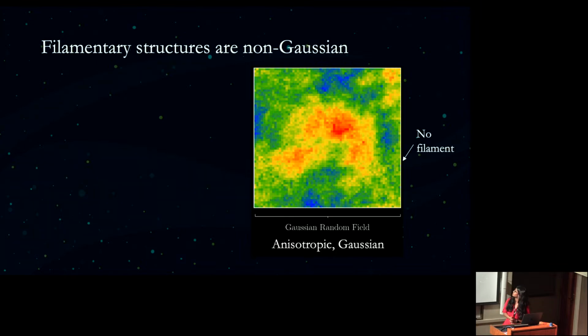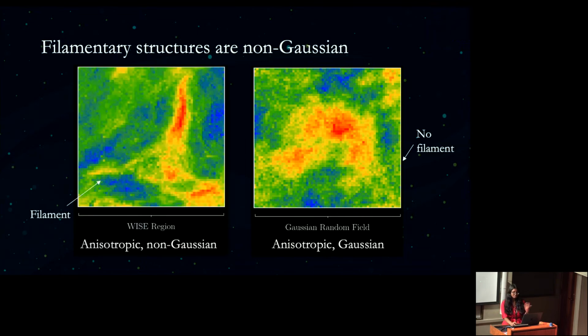This leaves you with fields that look something like what's on the right. But you can clearly see that there's not a presence of a filament here at all. The real data looks something more like this, where you actually have a clear filament that you're capturing. The difference between these two images is that the one on the right is Gaussian, and the one on the left is non-Gaussian. So it's truly this non-Gaussianity that is due to the filament.